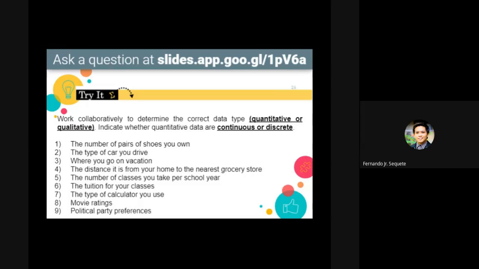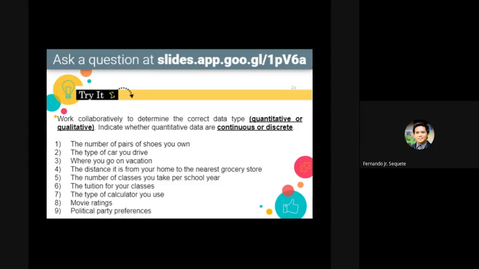So we have to work collaboratively to determine the correct data type: if the data is quantitative or qualitative, and if it is quantitative, we identify if it is continuous or discrete. Number one, the number of pairs of shoes you own.